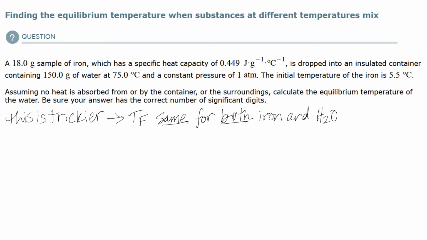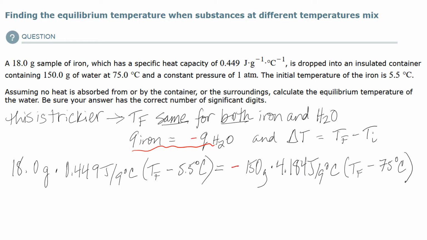That being true, we can set up both equations simultaneously for the Q of iron and the Q of water, letting the Q of water be the negative of the Q of iron, and our delta T being T final minus T initial. One thing I want to point out here, you can actually say negative Q of iron equals Q of H2O, or this way as I've written it, Q of iron equals negative Q of H2O. It's going to work out mathematically either way. So you don't have to sweat the details too much on that one.